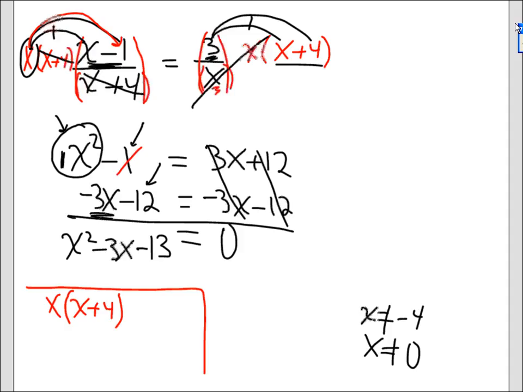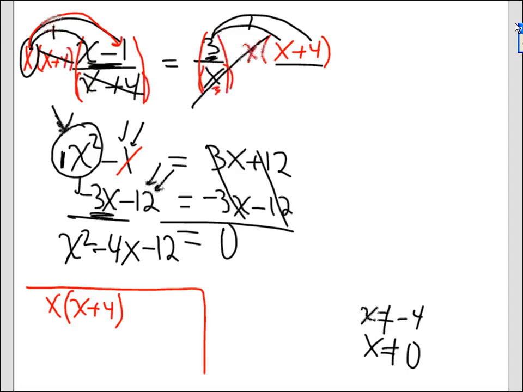Okay. So the x squared stays x squared. If you take away x and you take away 3x, you took away 4x, and don't forget to take away the 12. Now I want to factor this.